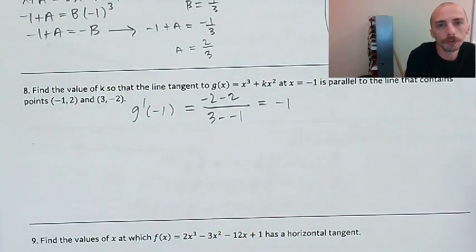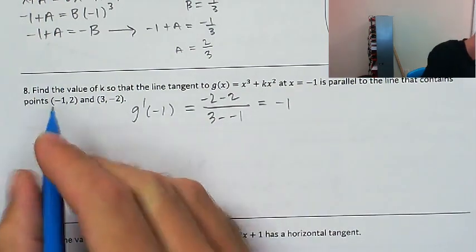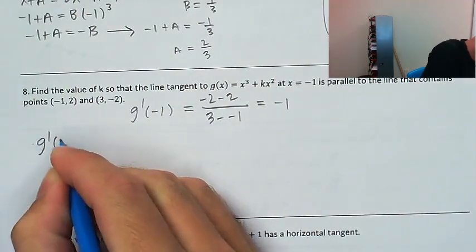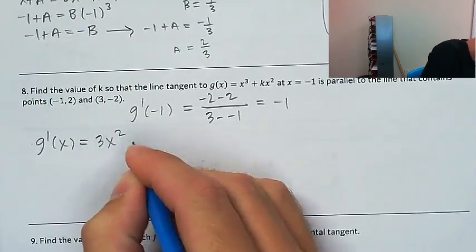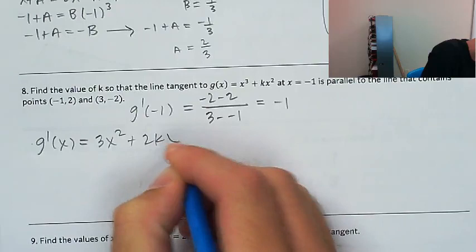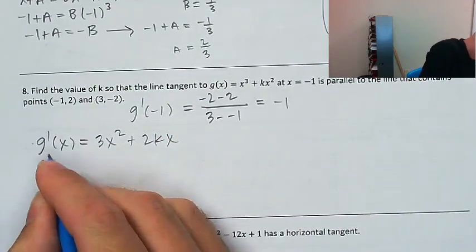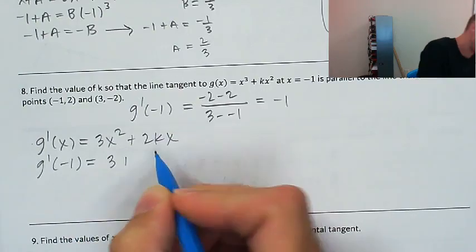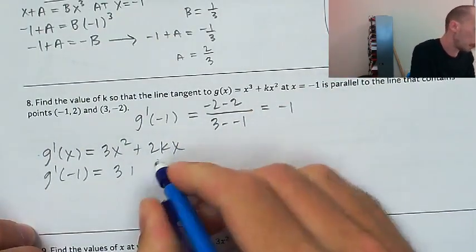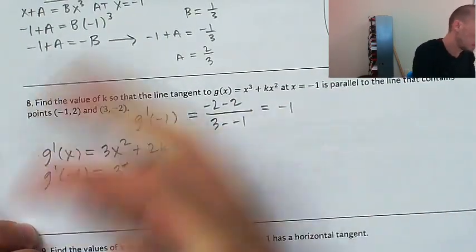Okay. But then I can also get a formula for g prime of negative 1 by taking the derivative of g and using the power rule. So g prime of x equals 3x squared plus 2 times k times x. And if I plug in negative 1, I'd get 3 plus 2k times negative 1, so 3 minus 2k.